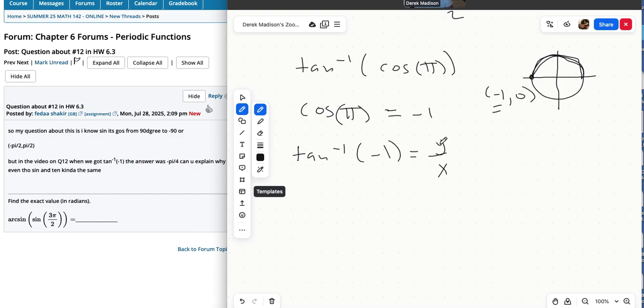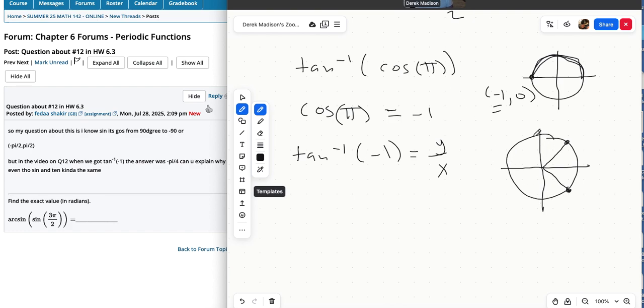So in other words, one of them has to be positive and one has to be negative. If we think about a unit circle and where that can happen, the place where x and y are the same value are on the 45s, or pi over 4. So here and here.